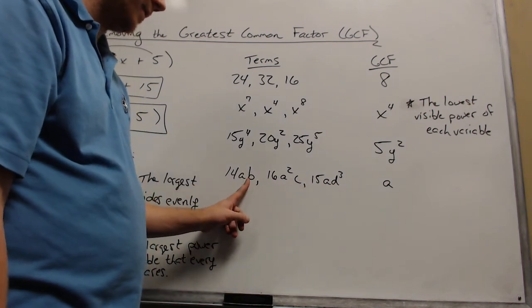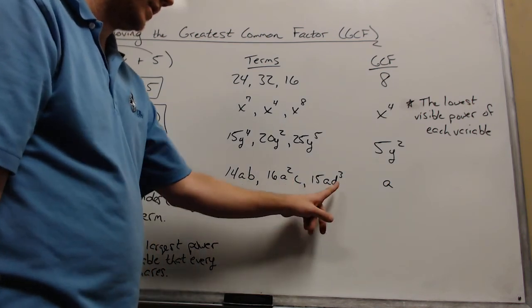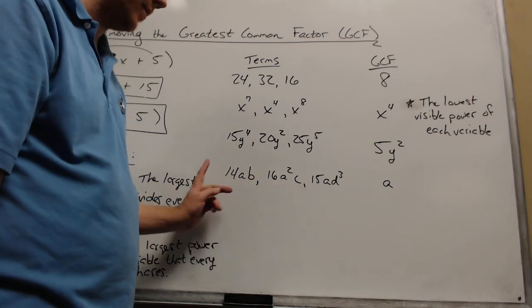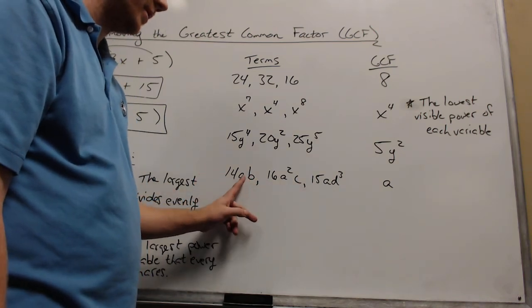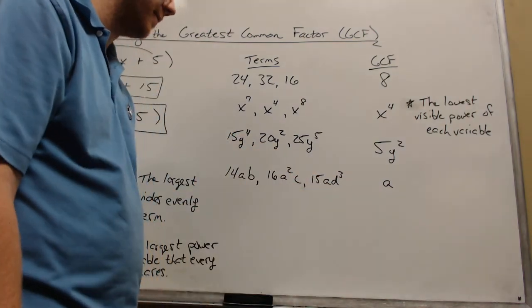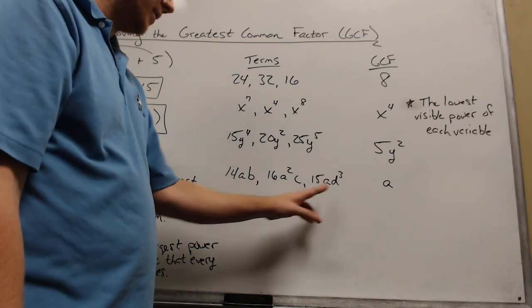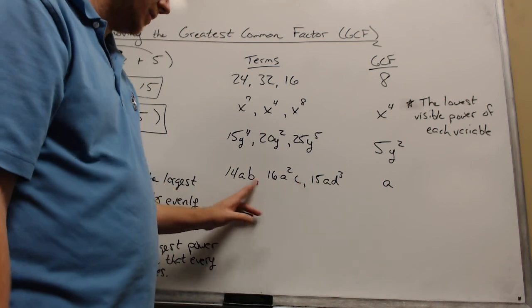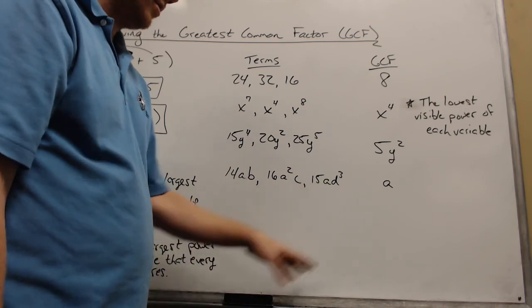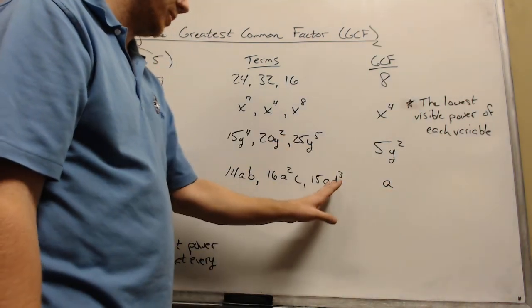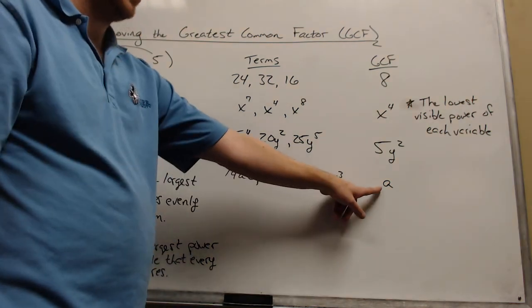This one has b to the first, but there's no b's here and no b's here. I can't say that they have a b in common. So just because there's a b in the problem doesn't mean it's part of your GCF. Same goes for c's: no c's, no c's. Same goes for d's: no d's, no d's. So there's nothing else in common between all three of these terms besides the singular a.